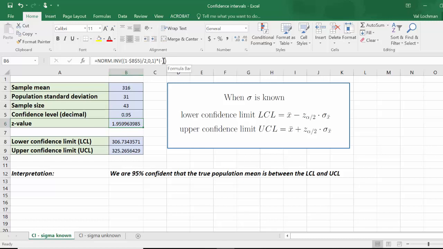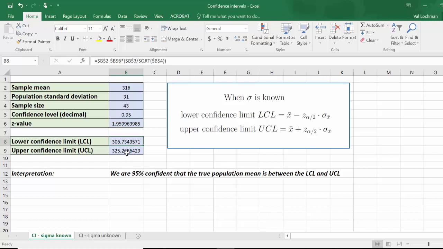And let me show you what this command is doing. I'm using the inverse normal command, and I'm doing 1 minus this value right here, divide by 2, standard normal parameters. But since it's going to compute the value to the left of 0, I need to multiply it by -1, so it makes it the positive z-score. Okay, so that's what I did over here.